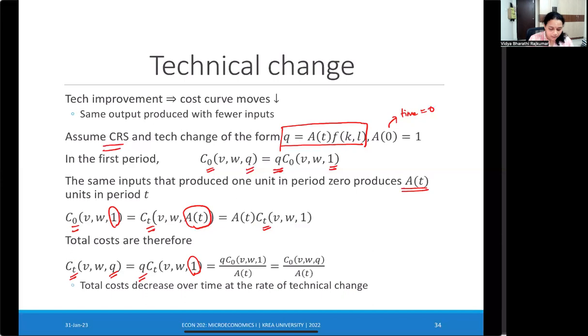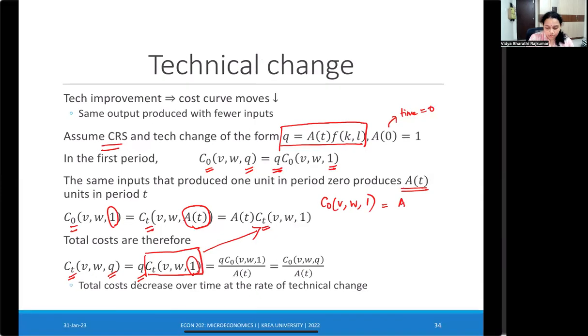Now, to get this particular expression, C_t, the cost of producing 1 unit in time period t, I'm just going to go to the previous equation. So we had this equation, right? Whatever gave me 1 unit of output in time period 0 is now going to give me A(t) units of output in time period t.